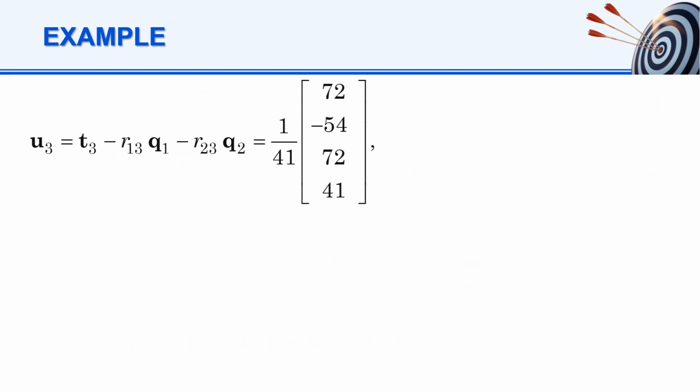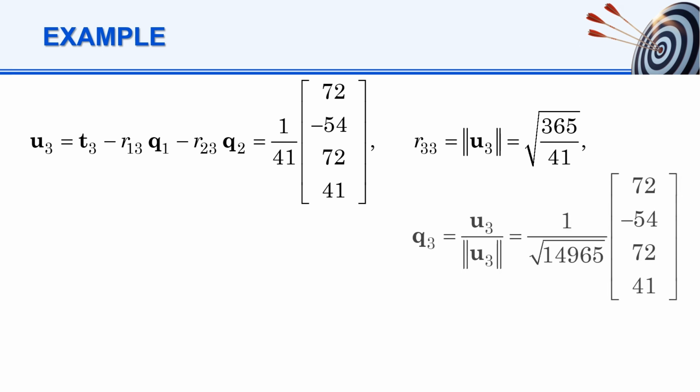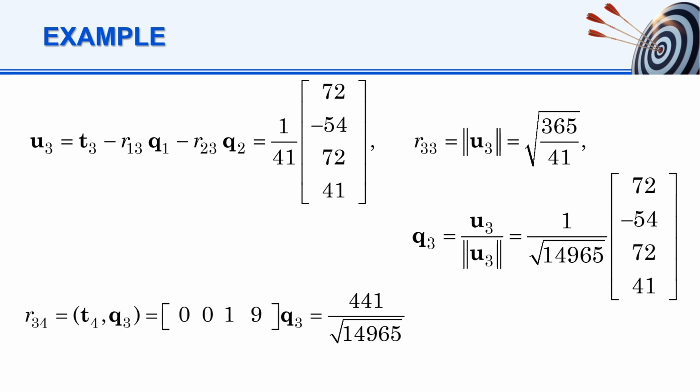We subtract the projections of Q1 and Q2 from the basis vector T3 to obtain U3. Its magnitude r33 is found, and the vector U3 is normalized to obtain Q3. Next, we compute projections of Q3 onto the basis vector T4.